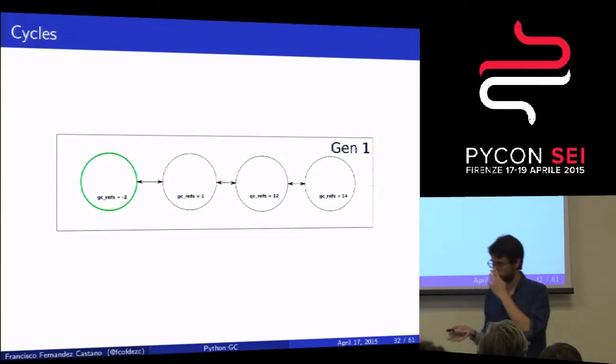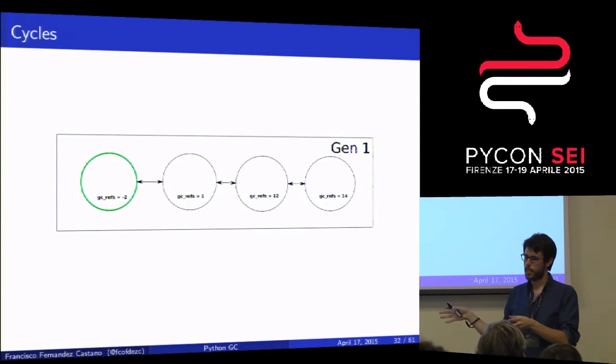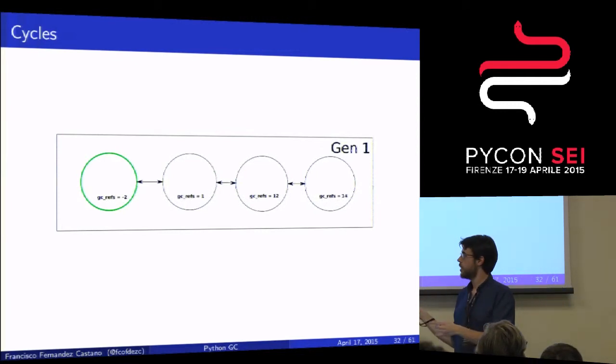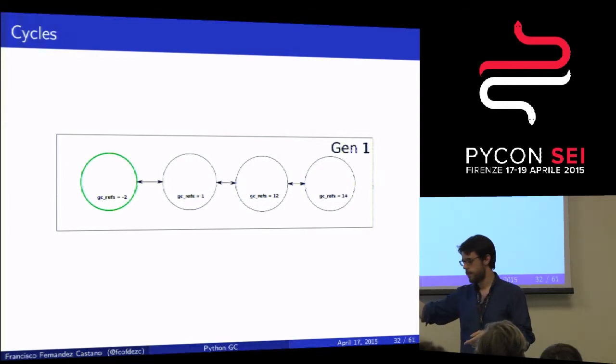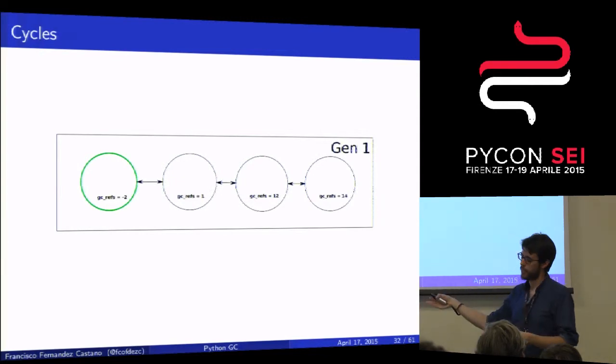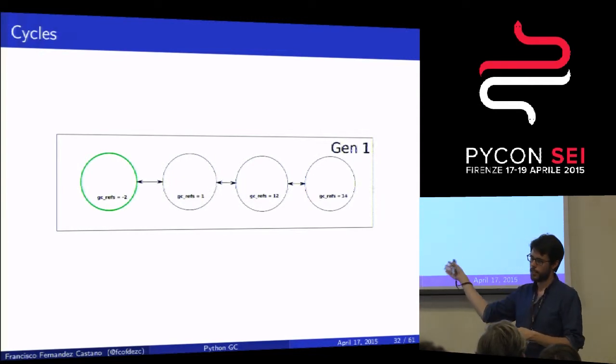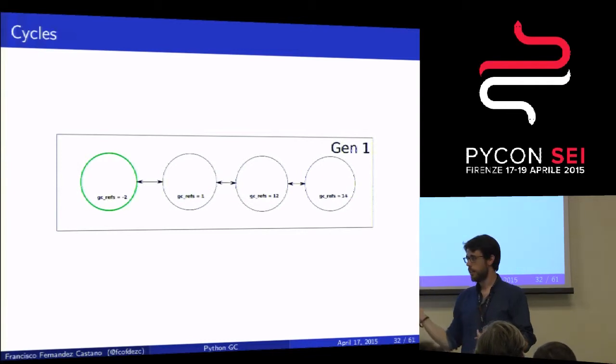With this, what we are doing is, if there is a cycle inside this list, these objects are alone in some place. So if we subtract 1 for each one, if the count is bigger than 0, that means that someone external to this generation is referencing this object, so it's reachable.